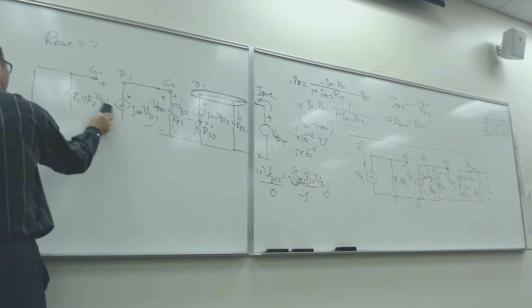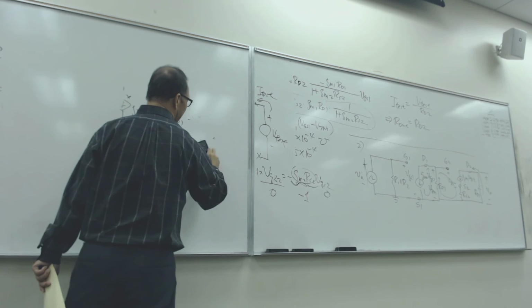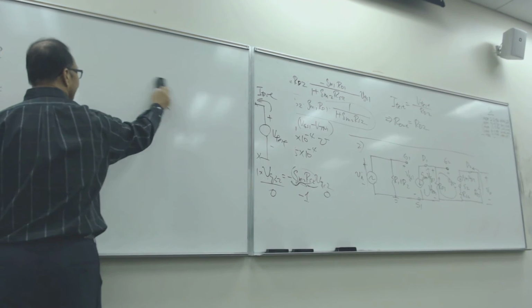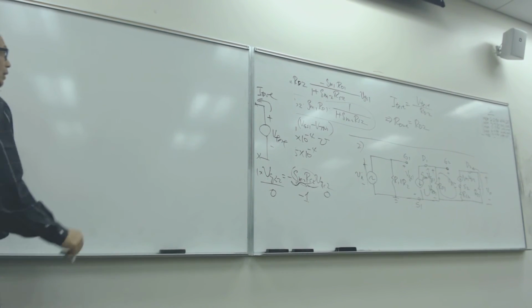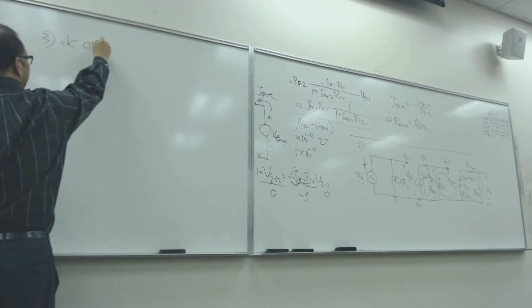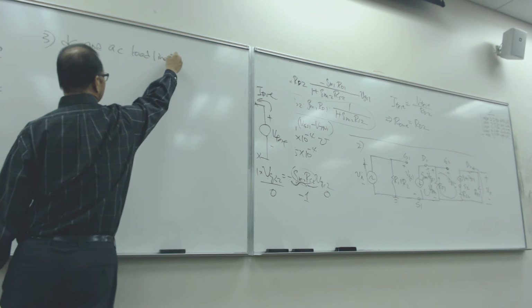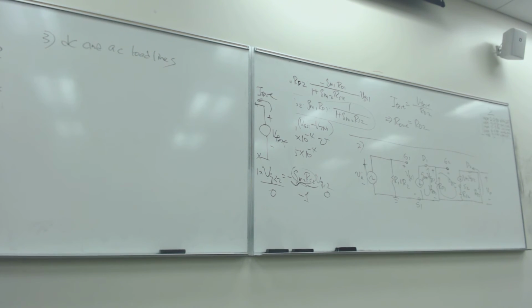Okay, now let's go to the next part. We do the AC and the DC line, yes? We got close. So part 3, DC and AC lines. So basically, you look at the output loop of the second stage.